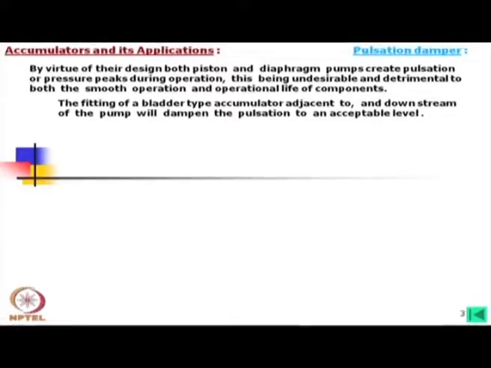The fitting of a bladder type accumulator adjacent to and downstream of the pump will dampen the pulsation to an acceptable level. We have not yet seen what is an accumulator, but as I told, there will be a vessel usually made of steel metal body, and inside there will be a bladder. Say for example, inside the bladder there will be air or some gas, and the rest portion will be occupied by the oil.